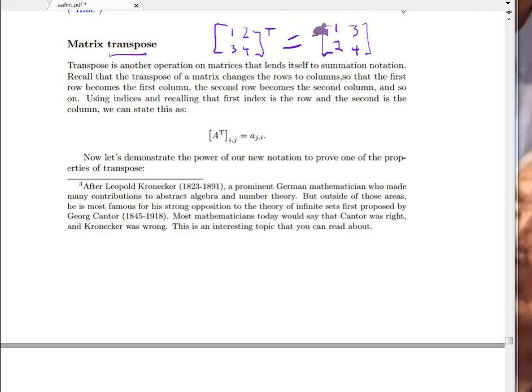I've switched the rows and the columns. So the ij entry of the transpose matrix is equal to the ji entry of the original matrix. So I can say the ij entry of the transpose is equal to the ji entry of the original.